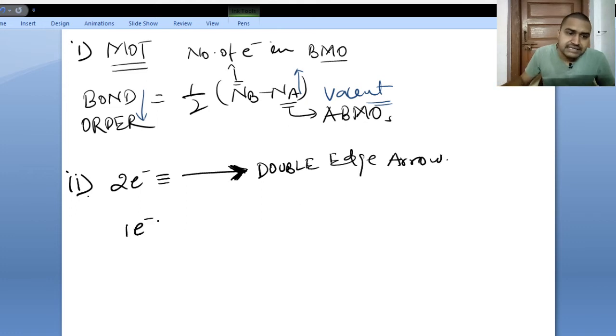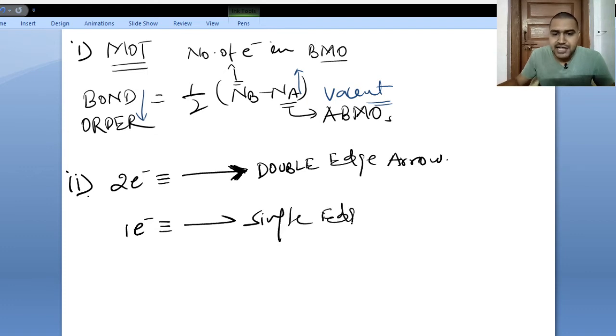And whenever a single electron is going to attack, then it is represented like this. This is an arrow which has a single edge, right? So this is known as a single edge arrow, or sometimes we call it a fish hook.